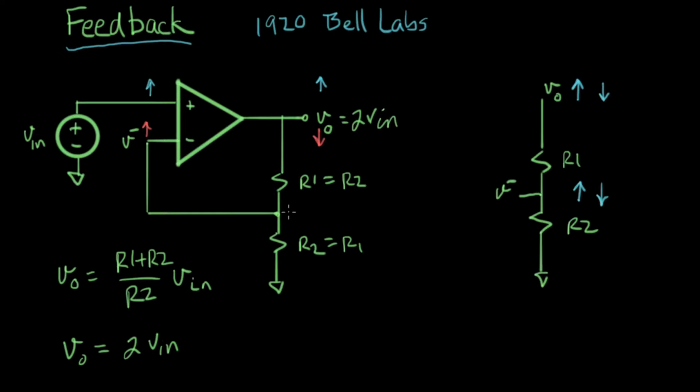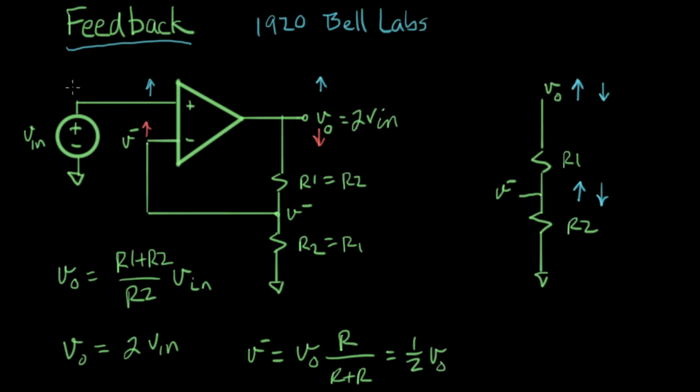And what does that make this point here? This is V minus. From the voltage divider, V minus equals V out times R over R plus R, or V minus equals 1/2 V out.